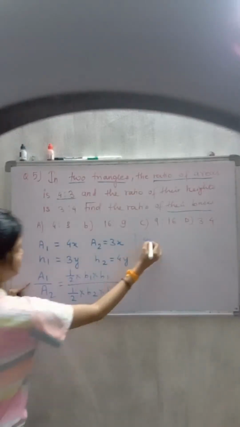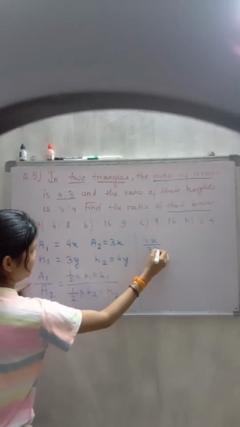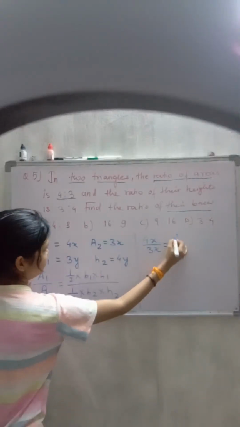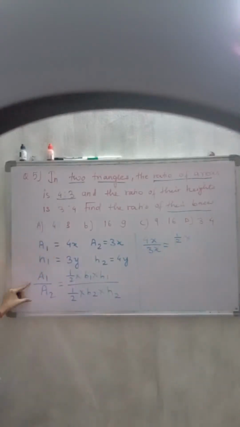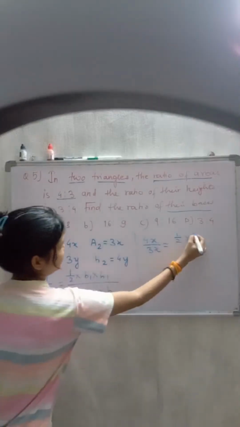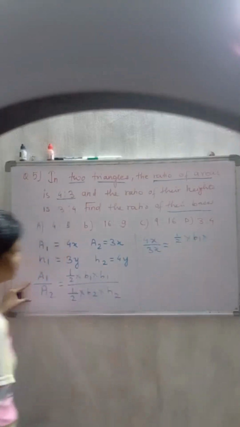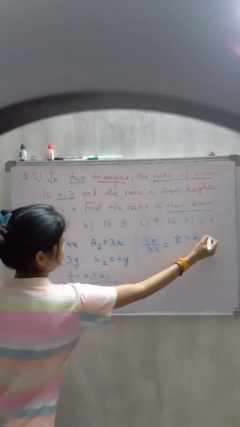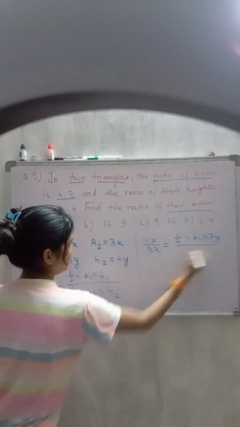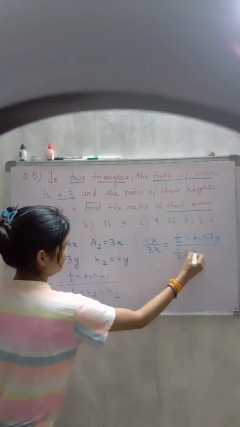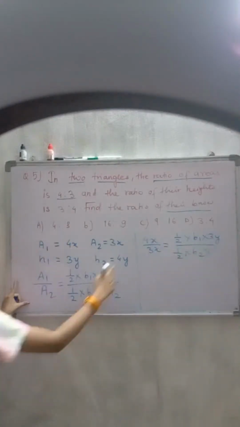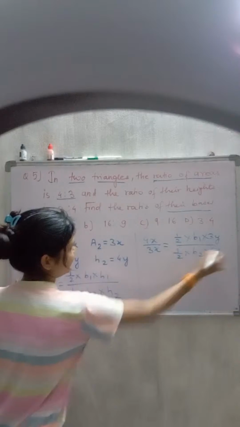So 4x by 3x will be equal to half into first base b1 into height of the first triangle 3y, by half into second base b2 into height of the second triangle 4y.